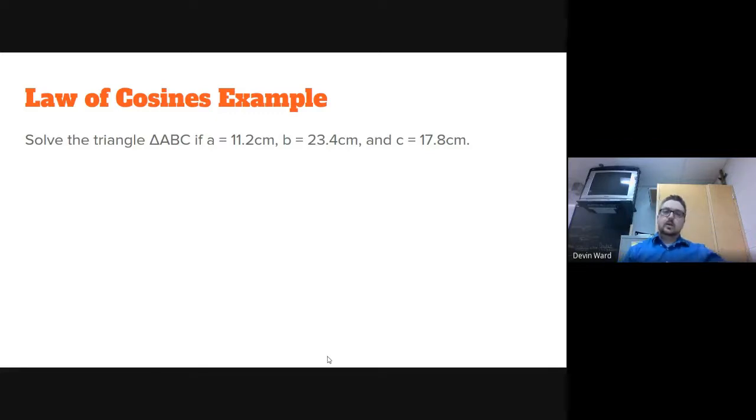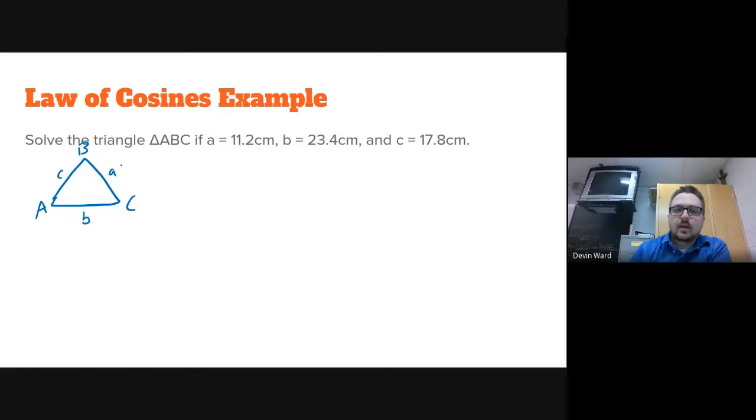Okay, so here we have triangle ABC, and we get the three side lengths. Again, not to scale. A, B, C. So that means this will be a little a, this will be a little c, and this will be a little b.